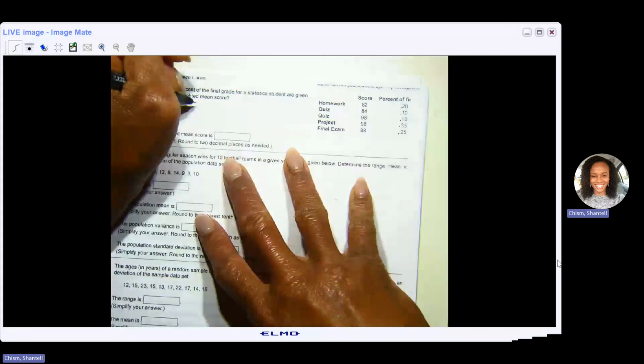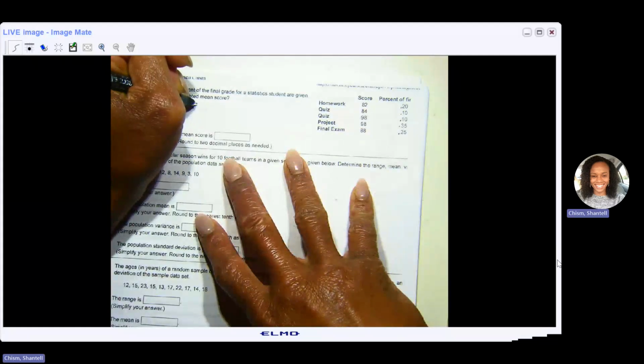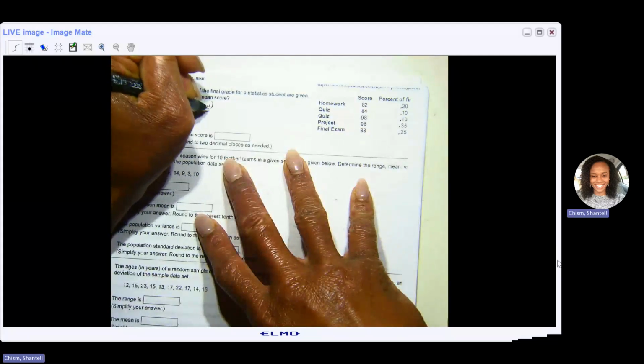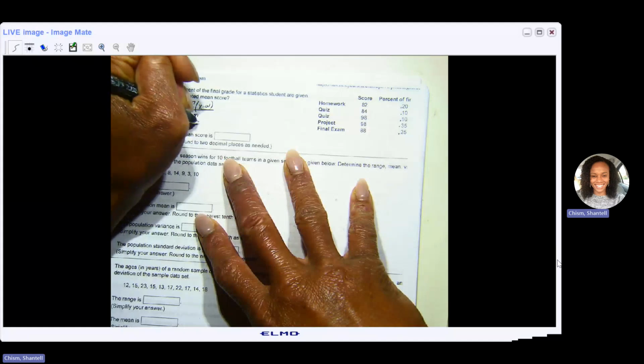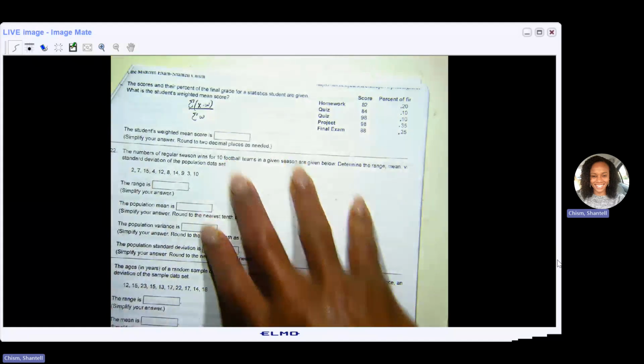The weighted mean score is the sum of each x times its weight, all divided by the sum of all the weights. So I'm literally going to say 82 times 0.2, 84 times 0.10, 98 times 0.10, 98 times 0.35, 88 times 0.25. I'm going to multiply those and add them up, and then I'm going to get the sum of all the weights.